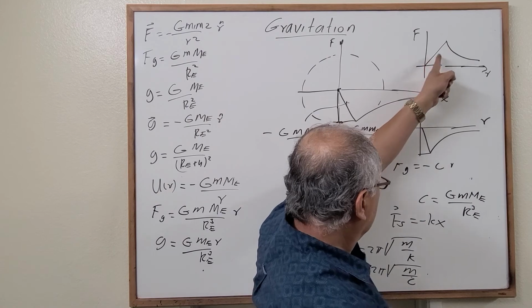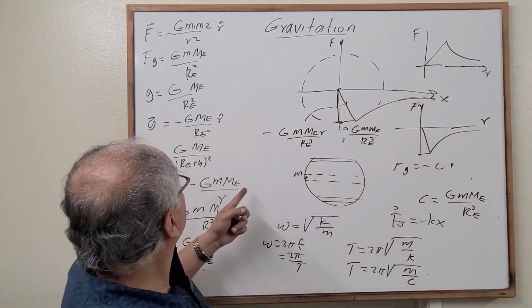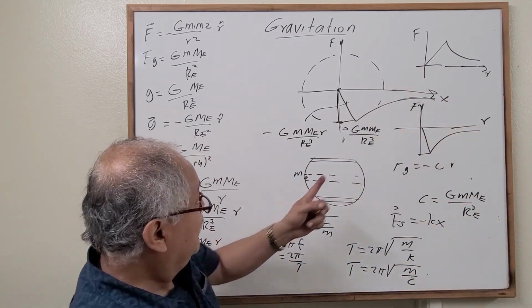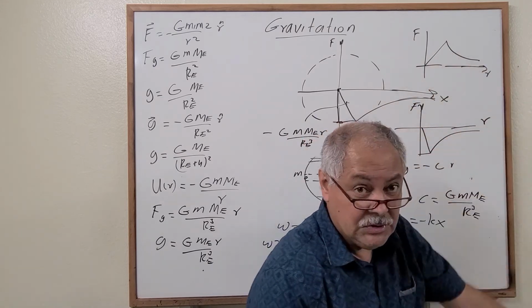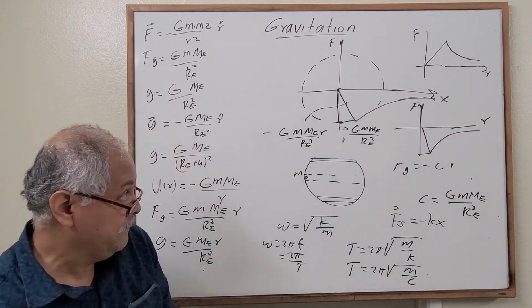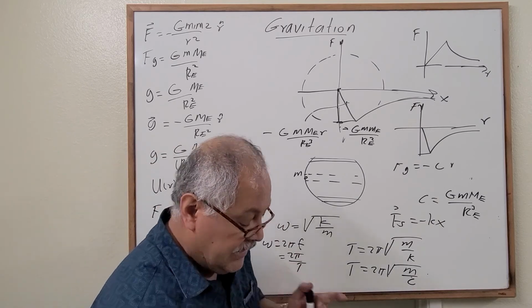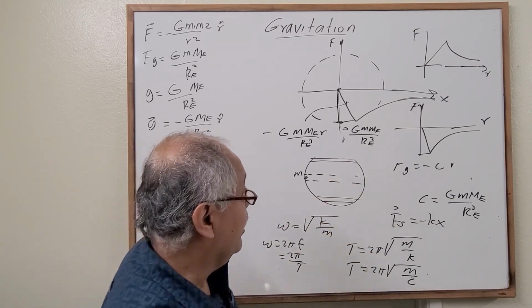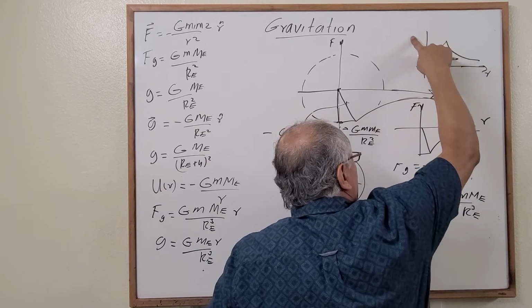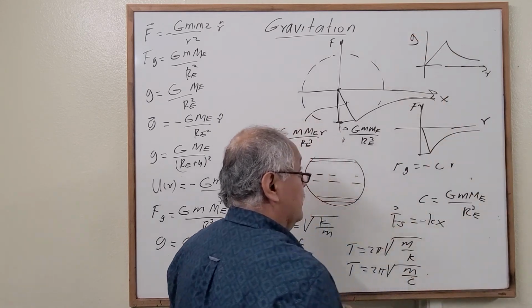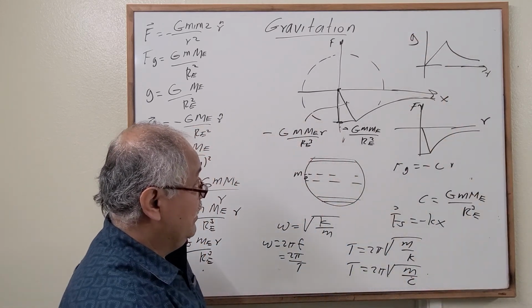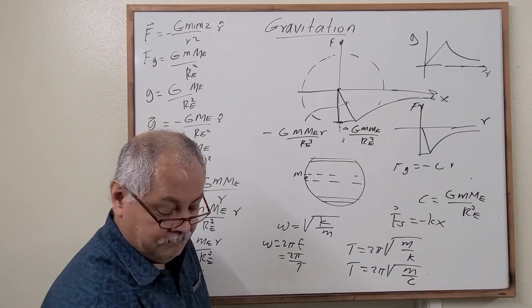It is proportional to r inside, and then inversely proportional to the distance squared outside. Perfect. It's the same behavior for g, the same behavior, the magnitude.